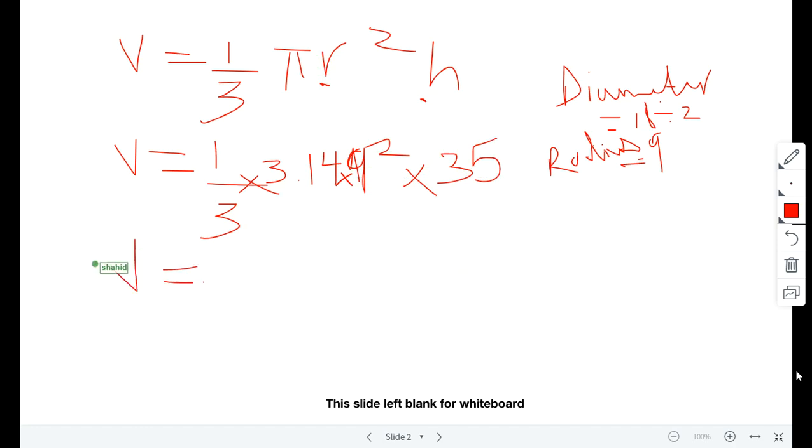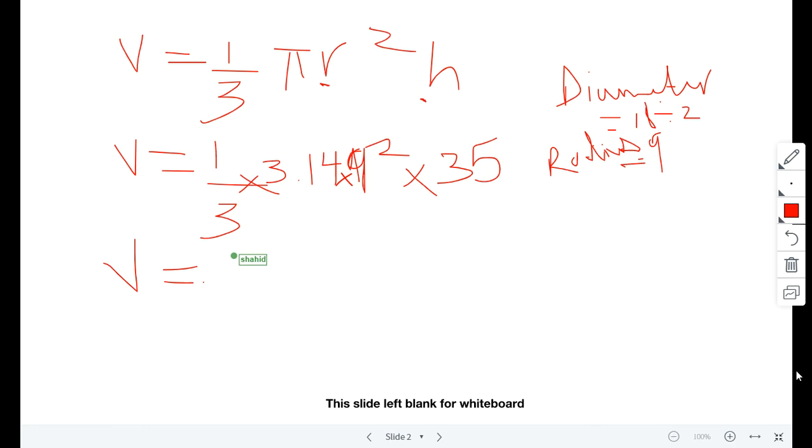Okay, and then basically I need to work this out, because it says calculate, give your answer to the nearest 10 centimeters cubed.